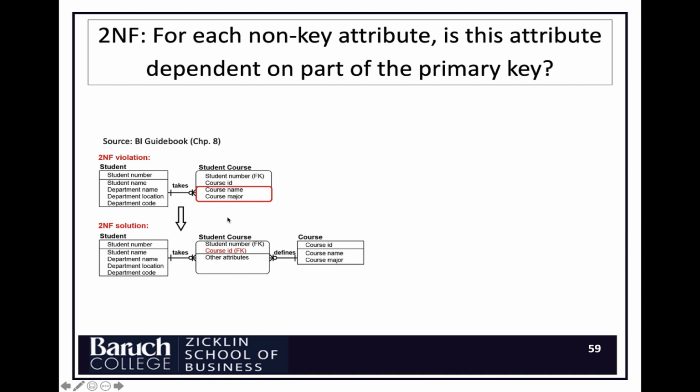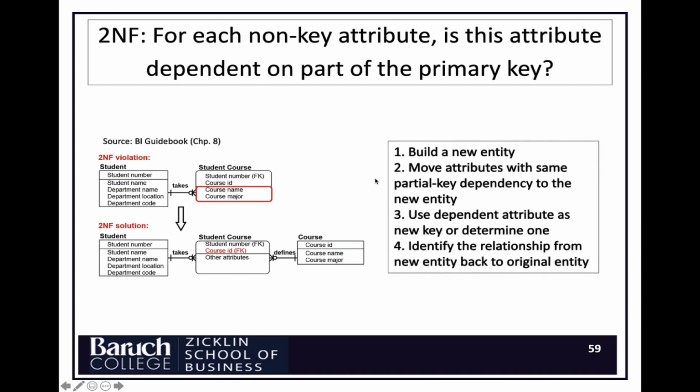the second normal form. And now we can reduce it by again taking those attributes that are not dependent to the whole primary key and take it out, build a new entity, and then use the dependent attributes as the new key, or determine one key for that.